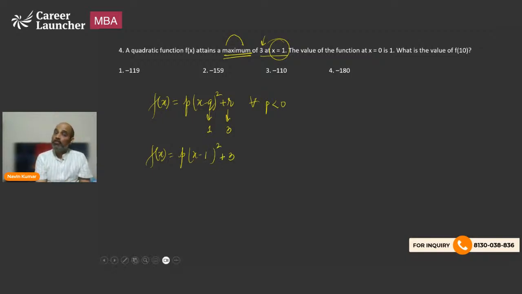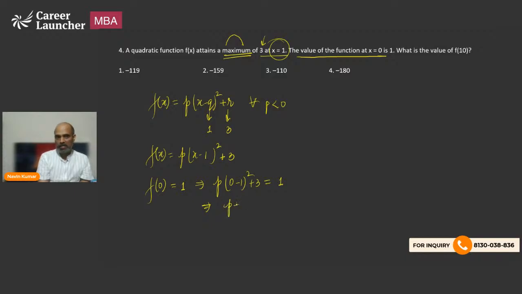Now, what is the value of p? How do we know that? For that, we are given the next statement. The value of the function at x is equal to 0 is 1. So we are given that f of 0 is 1. That means if I put 0 instead of x, I will be getting 1. So if we solve this, we will have minus 1 square is 1.